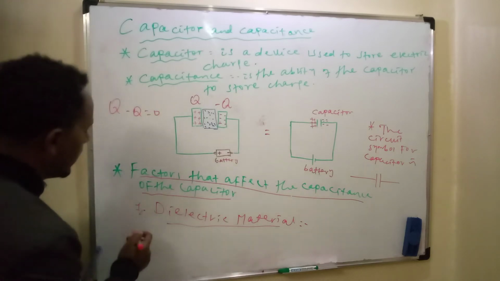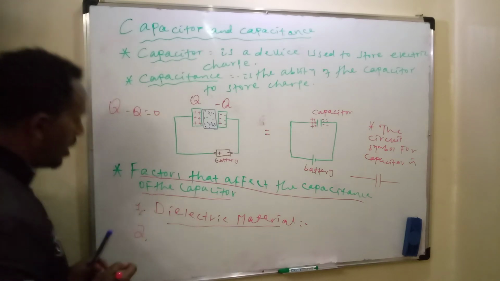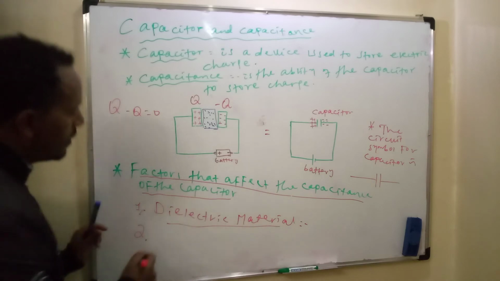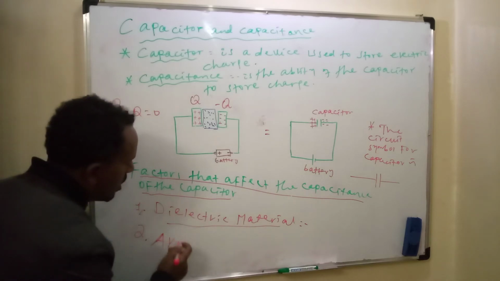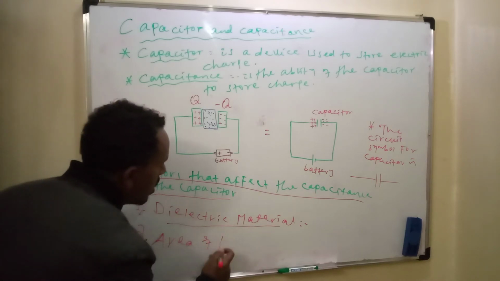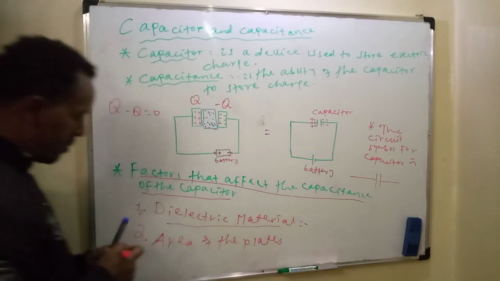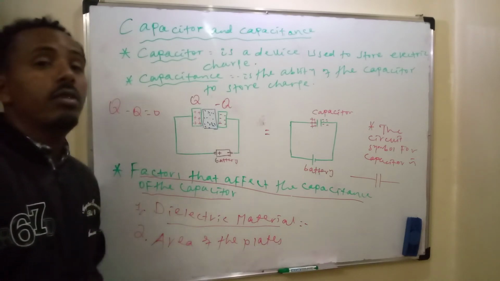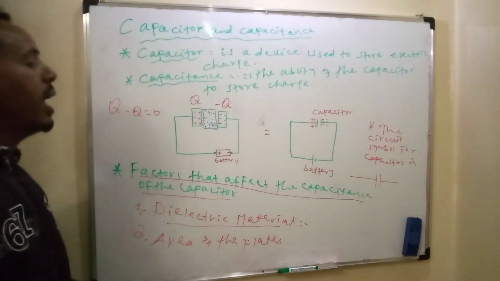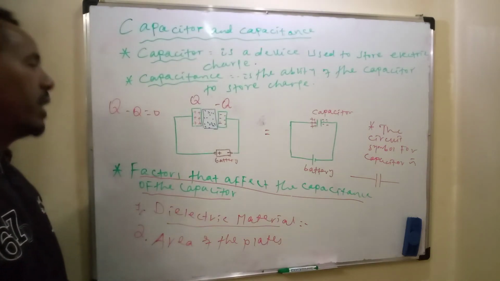The second factor is the area of the plates. The area of the plate is also another factor that affects the capacitance of the capacitor.